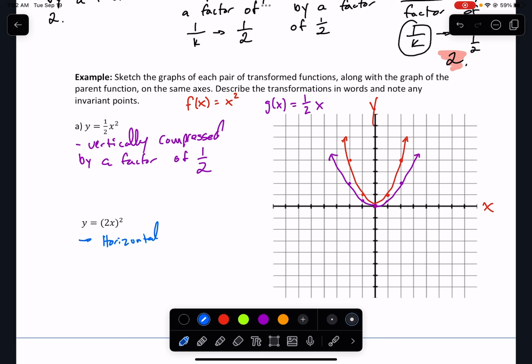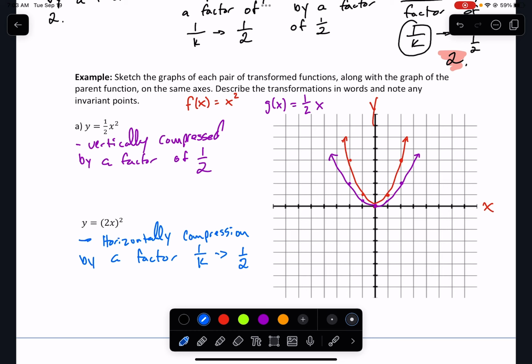It's opposite because we use the word horizontal. It's a horizontal compression. And remember, it's 1 over k, which is 1/2. So we're going to compress by a factor of 1/2.